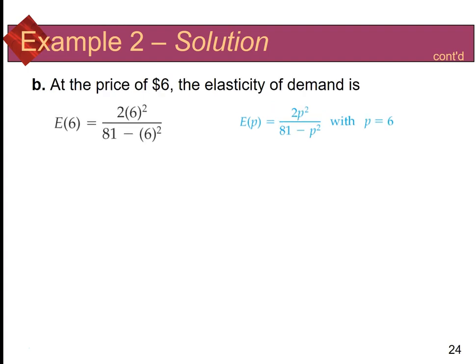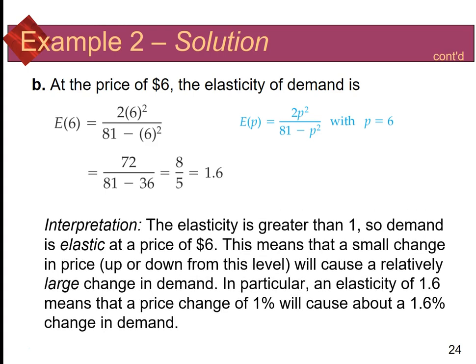Whereas at a price of $6, when I calculate, I get 1.6, which means here the demand is elastic. A small change in price up or down from this level will cause a relatively large change in demand. So in this case, if I lower the price a little bit here, I'm going to have a noticeable change in the amount of demand, and that's going to make me earn more money.